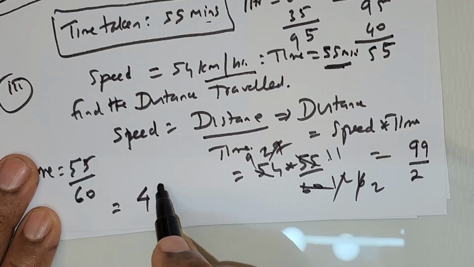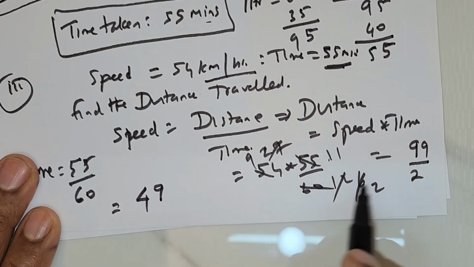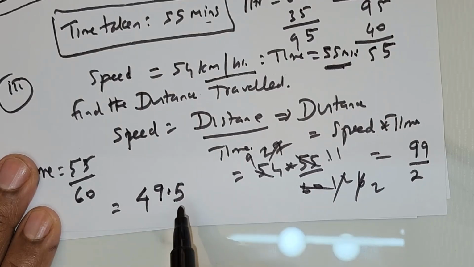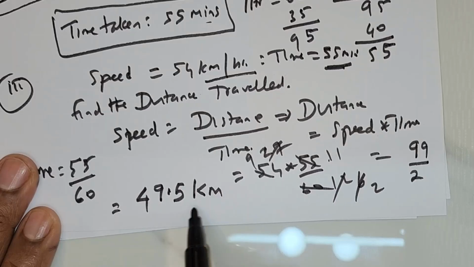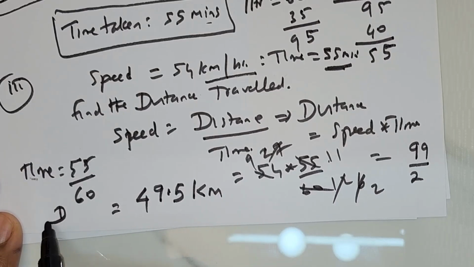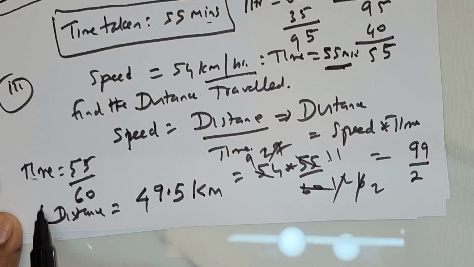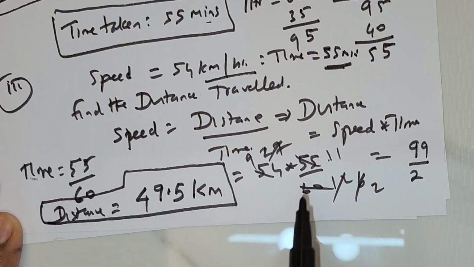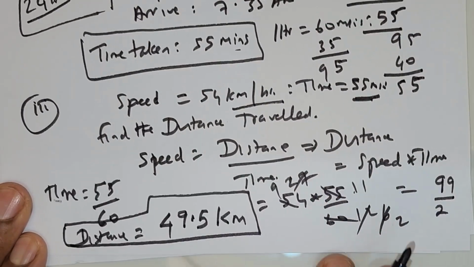You have 19. 9 times 2 is 18, and then you have a decimal, and then you have a 0.5 there. Now what is this? 49.5 kilometers is the distance. So you can state that distance is equal to 49.5 kilometers. So that is the conclusion for this question.